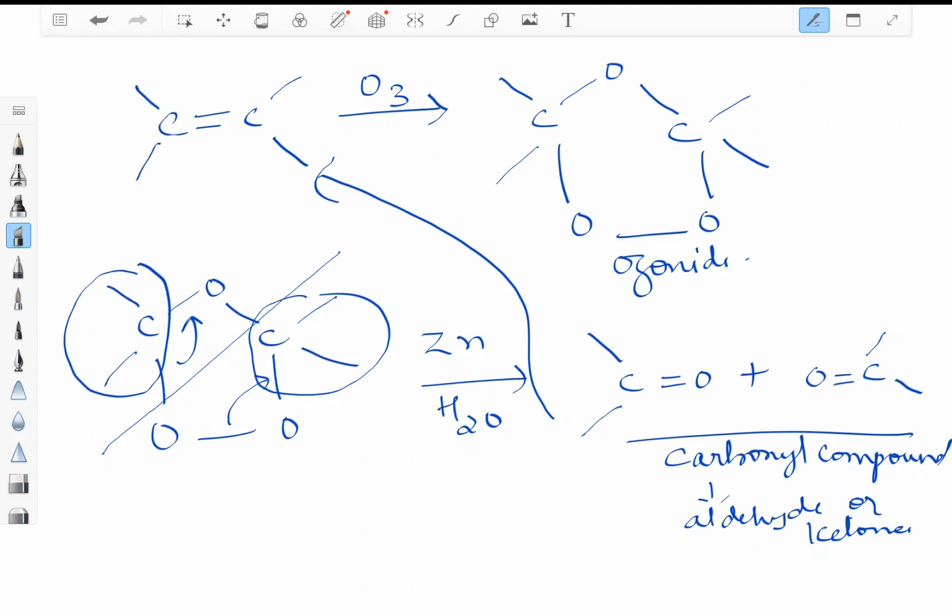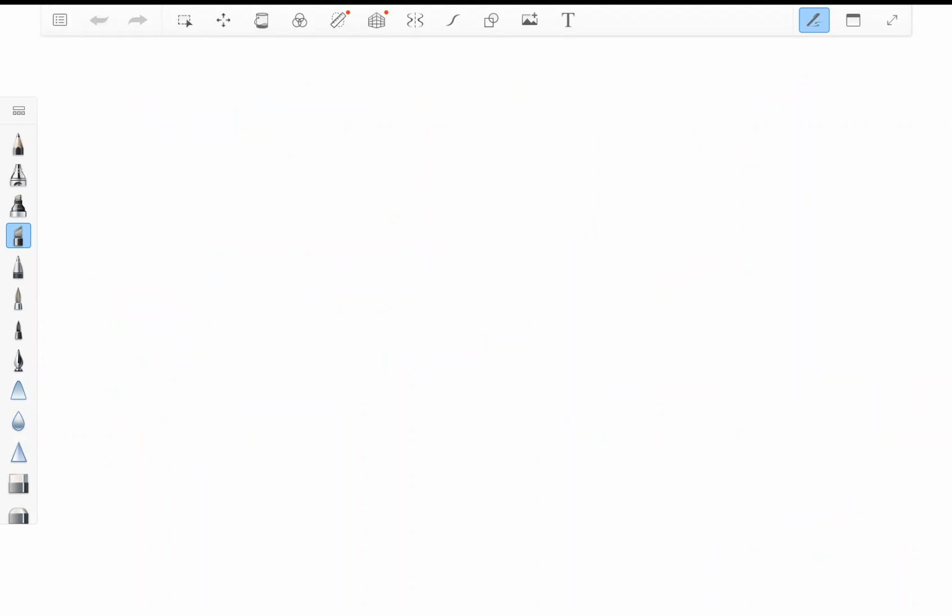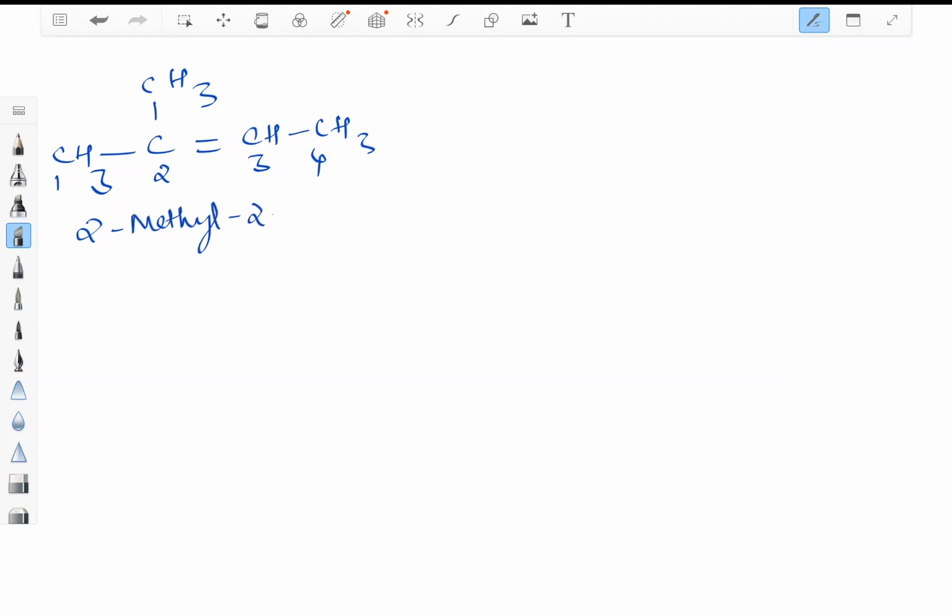I'll just remind you of the step we have used. I'm going to use this compound, that is 1, 2, 3, 4, 2-methyl-2-butene, which reacts with ozone in the presence of zinc and water.